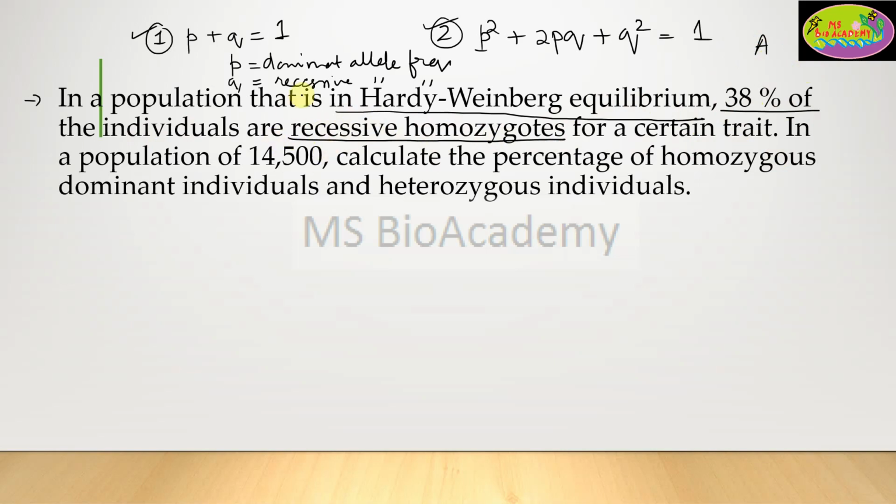Here they have mentioned that 38% of the individuals are recessive homozygotes. Recessive means small a we are talking about, and homozygous means their genotype will be aa.